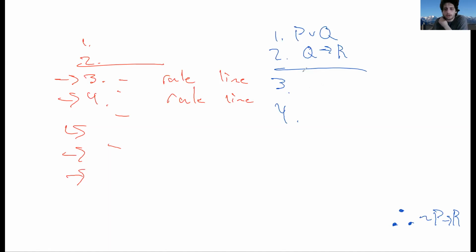So the first thing I notice is I want this conditional, that's going from not P to R. Well, here I have what looks like basically an HS match, right?